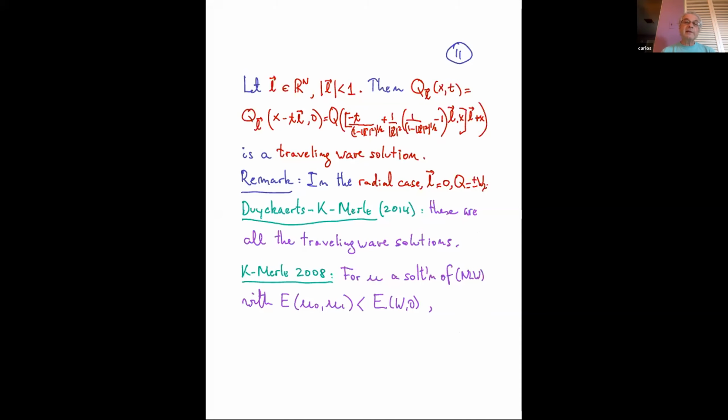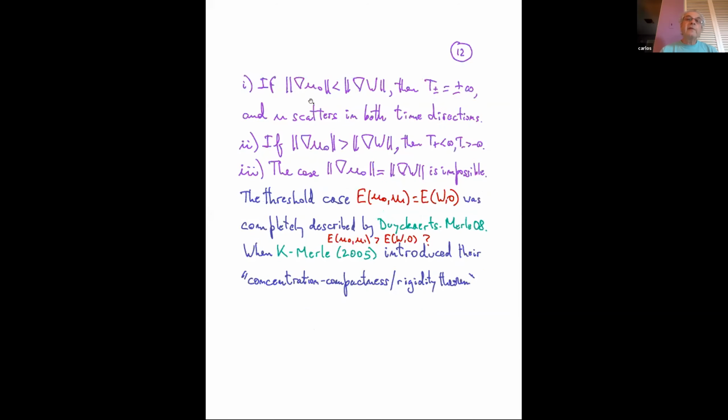It states the following. Suppose that we start with energy smaller than the energy of the ground state, W. If the L2 norm of the gradient is smaller than the L2 norm of the gradient of W, then your solution will exist for all time, positive and negative, and will scatter in both time directions.